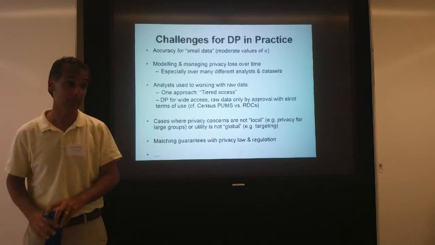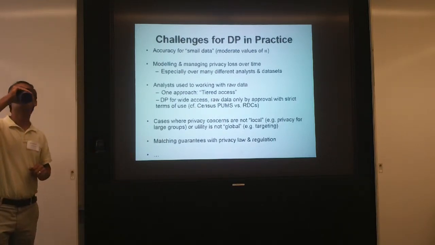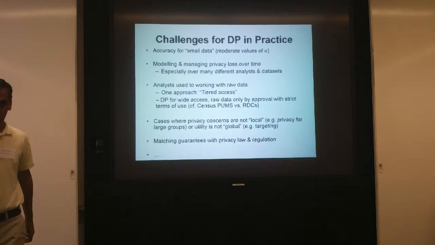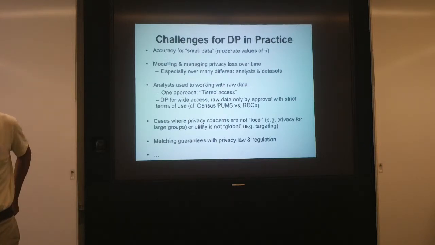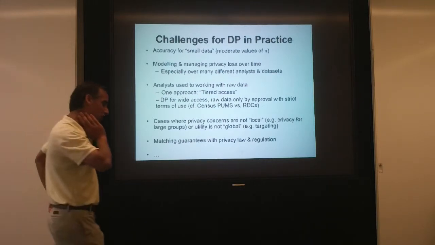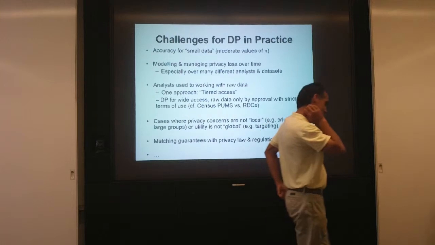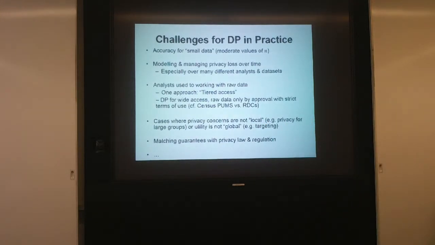I'm assuming the small data problem also applies if you're looking at a big data set with, I don't know, millions of entries, but you're looking at a subset, so you can't figure out what n is, but the data is too small to have the same amount of noise added to it as in the big data set. Great question. So yes and no. You can gain from knowing that your data set is a random sample of a big population. It does help in differential privacy.